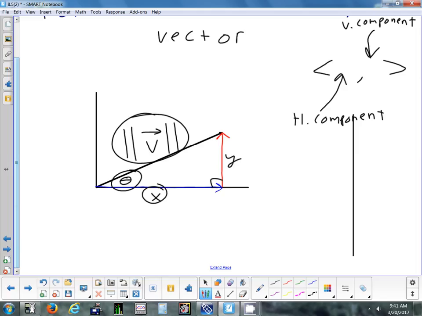X is what side? It's adjacent. And then I just said the magnitude of the vector is the length of the hypotenuse. And what trig function is that? Cosine. So the cosine of that angle equals adjacent over, and it's important here that you don't put v. You have to put the magnitude of v, because that's its length.